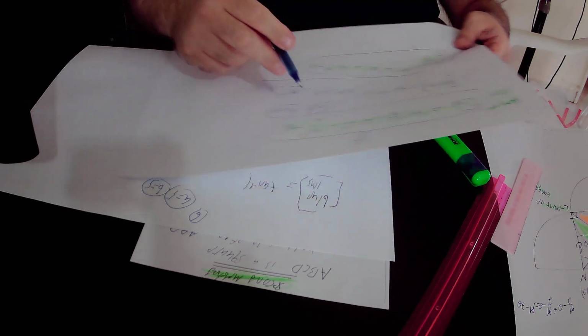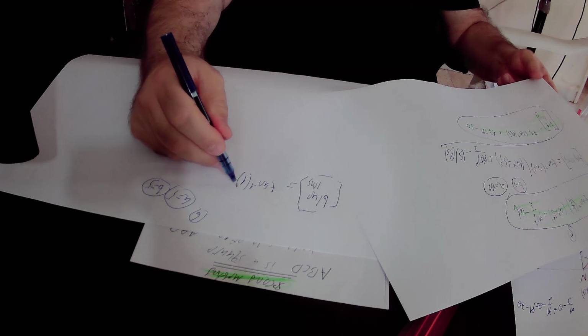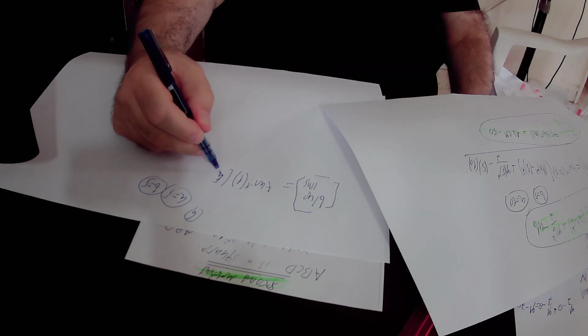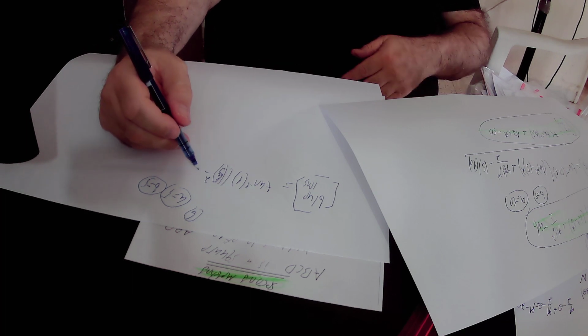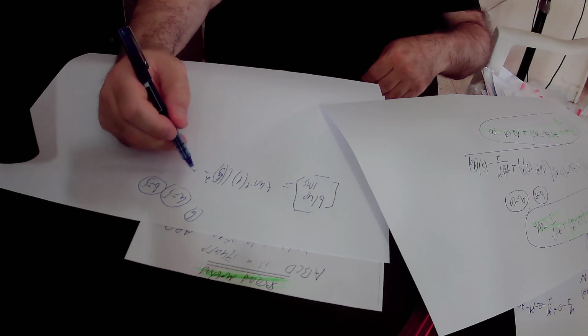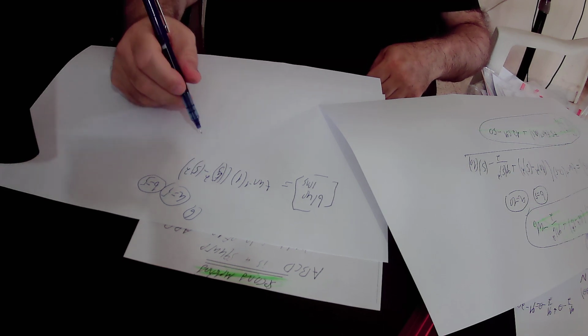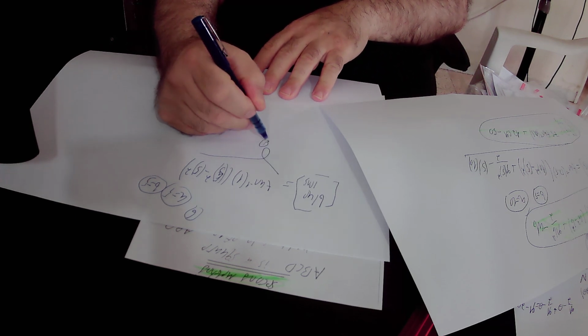B is 5, a is 5, and 5 over 5 is 1, times a squared minus b squared. A is 5, so a squared is 5 squared, minus b squared. B is also 5, so it is minus 5 squared. 5 squared minus 5 squared is 0. So actually this expression equals 0.